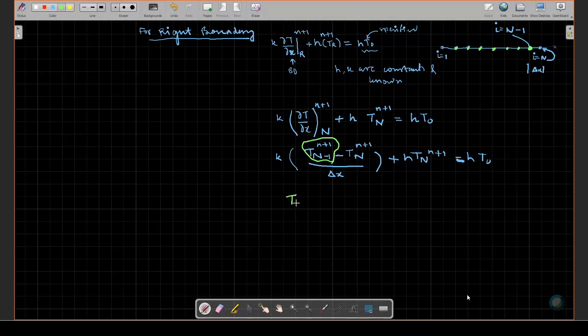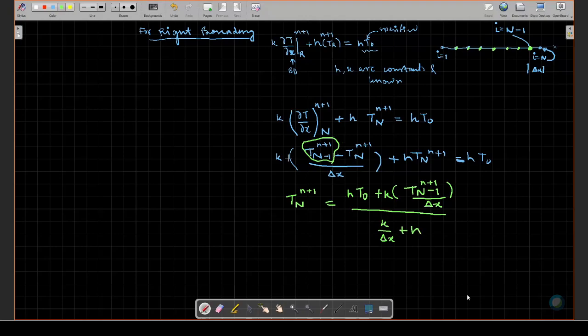This expression for T n plus 1 will become equal to h t naught plus T n minus 1 at n plus 1, which is coming from that equation, divided by delta x, and we have k here, divided by k delta x plus h.